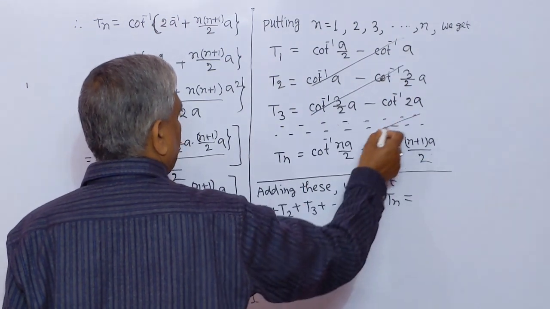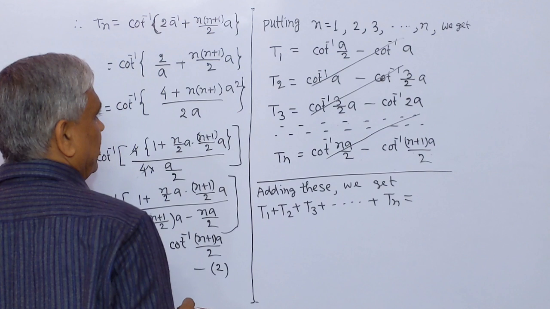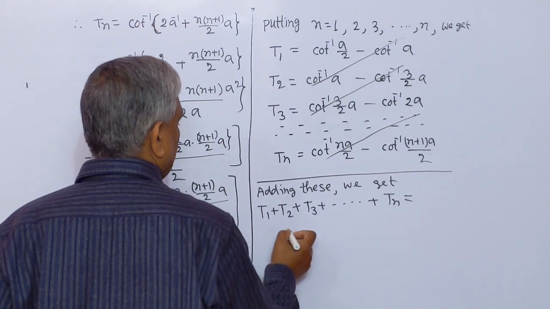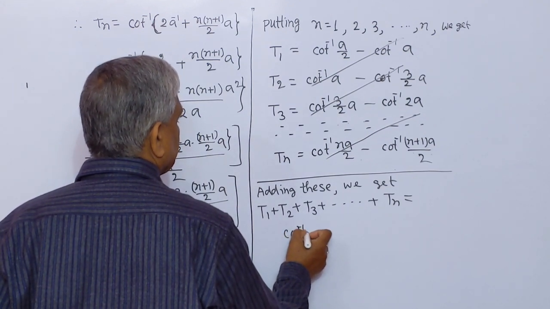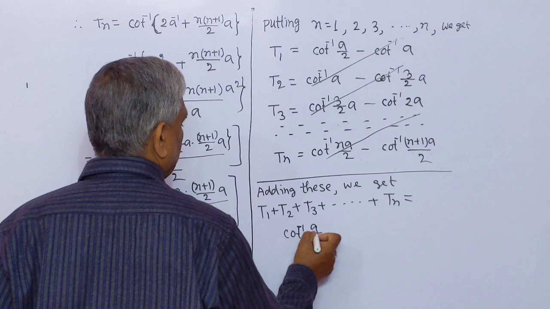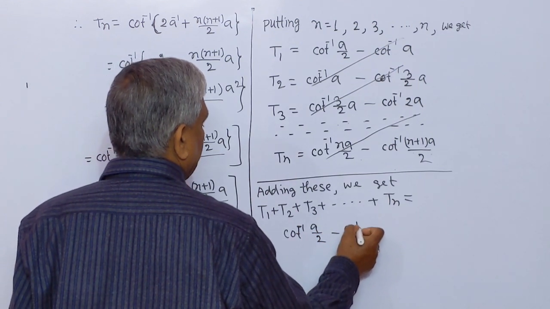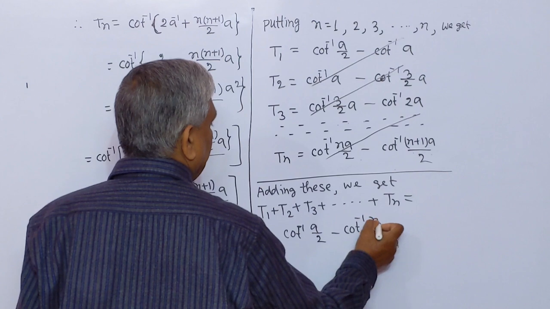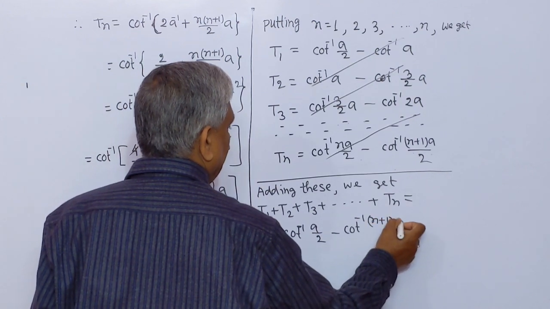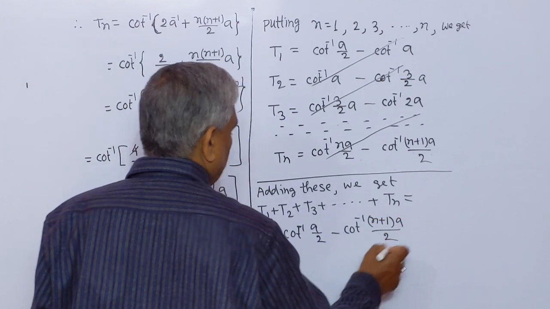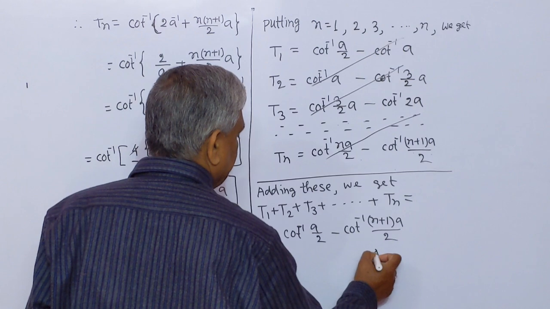So this diagonal will be cancelled, only remains cot inverse a by 2 minus cot inverse (n plus 1) a by 2. This is the required answer.